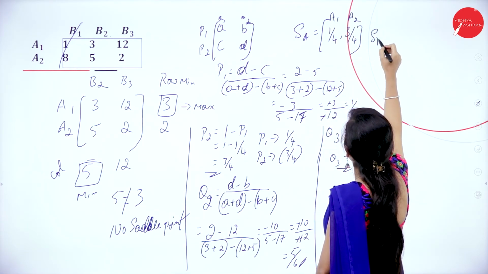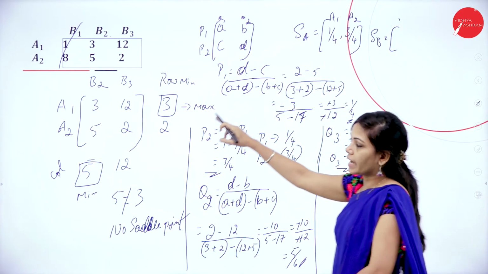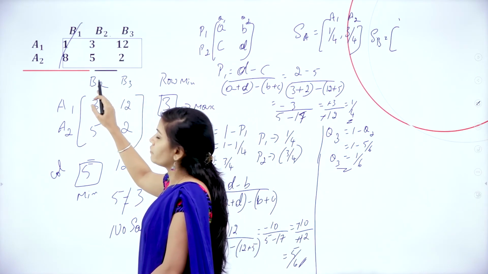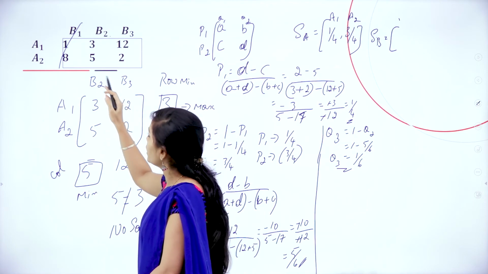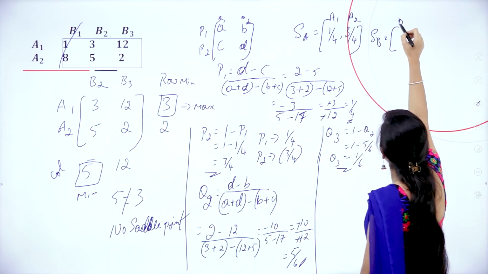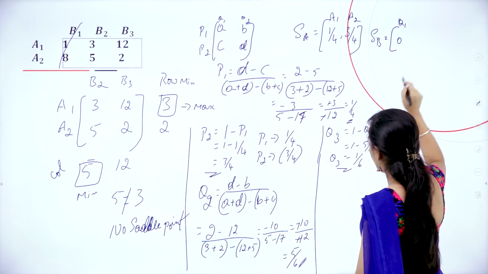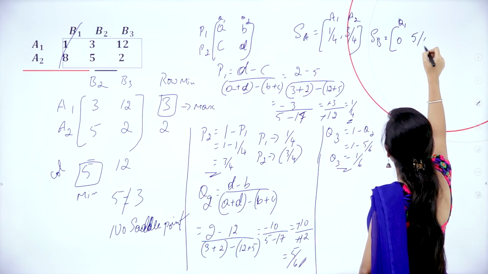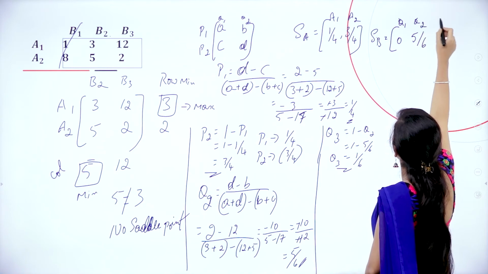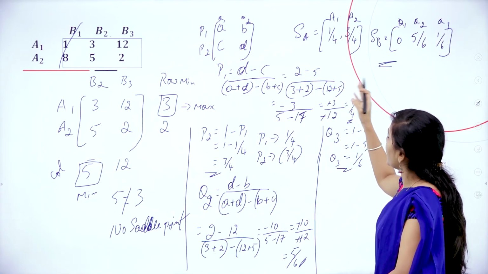And optimal strategy for player B: instead of Q1, Q2, Q3, we have B1, B2, B3. Here B1 is cancelled, which means Q1 is also cancelled. There is no value for Q1, it is 0. Q2 value is 5 by 6 and Q3 value is 1 by 6. So, this is the optimal strategy for player A and player B.